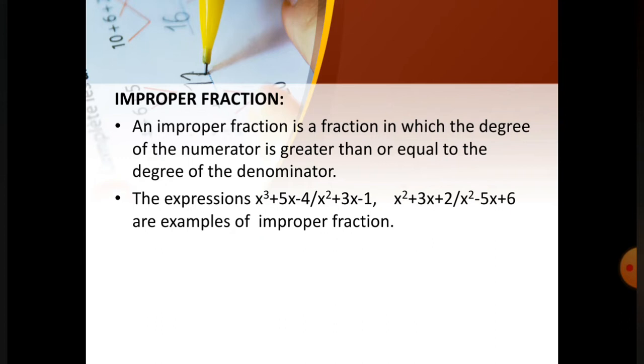Degree of the numerator is 3. Degree of the denominator is 2. So, it is an improper fraction. Second expression, degree of the numerator is 2. Degree of the denominator is also 2. So, it is also an improper fraction. Usually, we will call improper fraction as top heavy.